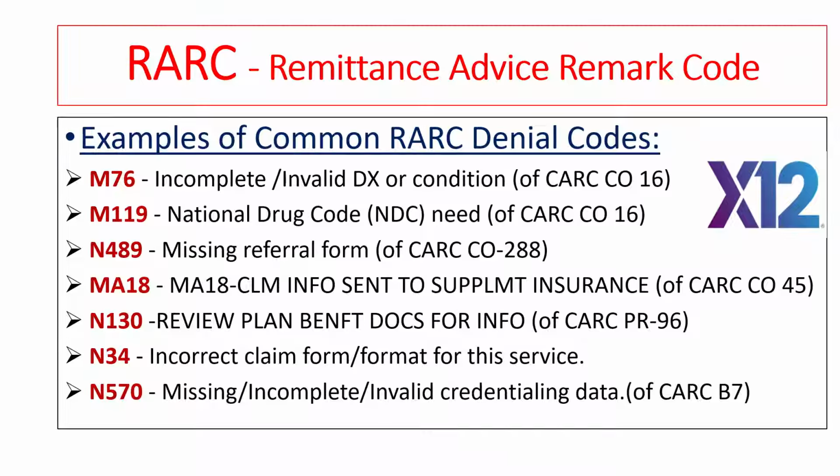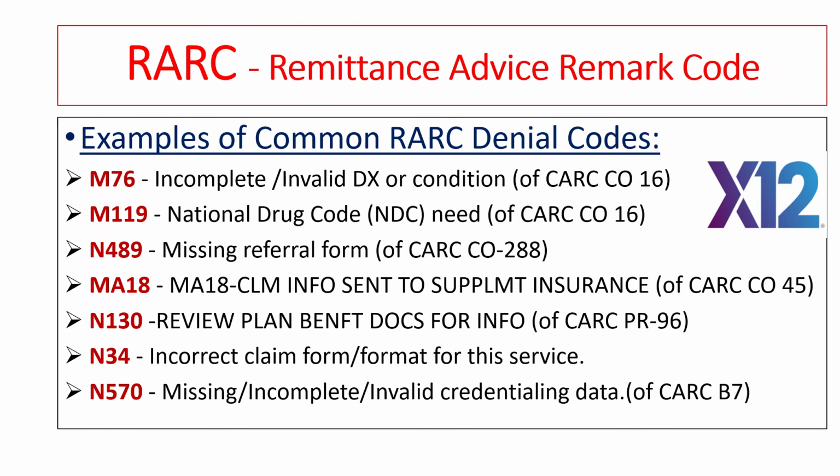Based on the medical diagnosis and treatment, the insurances will give denials to the doctors. So we are not sure that for a given denial code you will see only one kind of remark code. It might be anything. The reason is different and the remark is also different. That is what we have to understand.